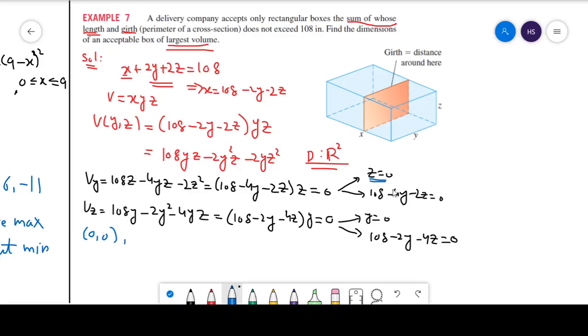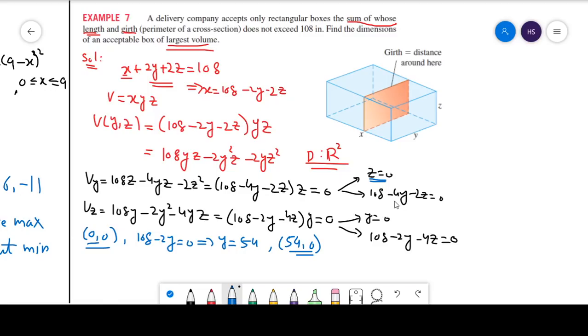And if you take z 0 and this possibility, we will get 108 minus 2y equals to 0. This would give us y equals to 54. So our y is 54 and z is 0. So this is another point.